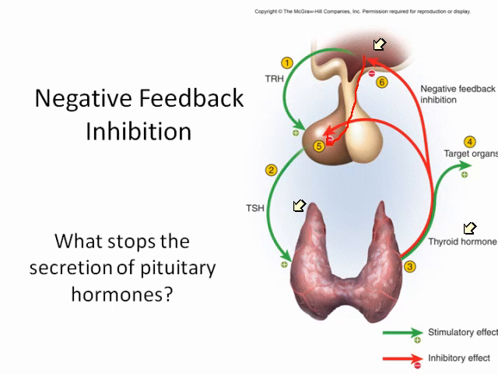Once those levels reach a certain level of not being there, the hypothalamus releases TRH into the anterior pit. Anterior pit releases TSH, which travels to the thyroid. The thyroid begins to release thyroid hormone, and everything starts over again.